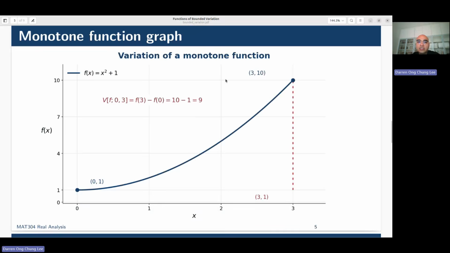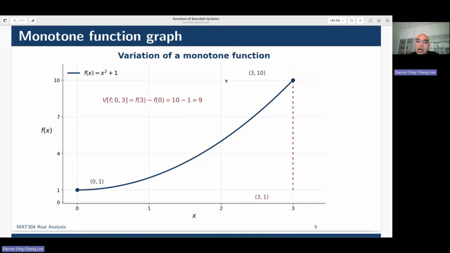So let's look at a picture. Here I have the function f(x) equals x squared plus 1 on the interval [0, 3]. So here a is 0 and b is 3. The function is always just going up. So if you look at the vertical distance that it travels, it is going to be exactly 9, right? 10 minus 1 equals 9.